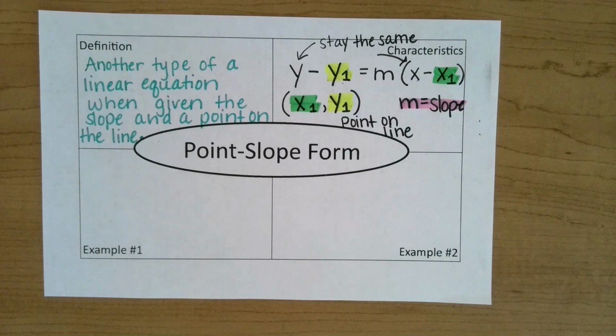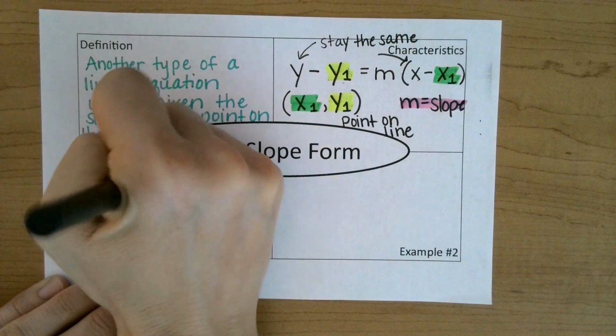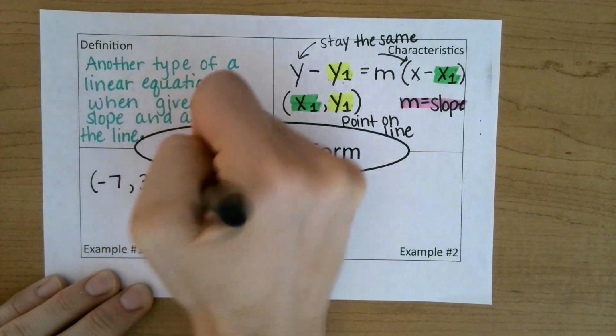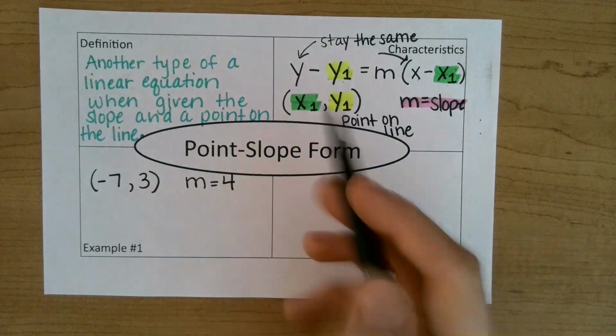All right, so for the example, let's say we're given the point -7, 3, and the slope m equals 4. And then we just have to substitute into our formula.